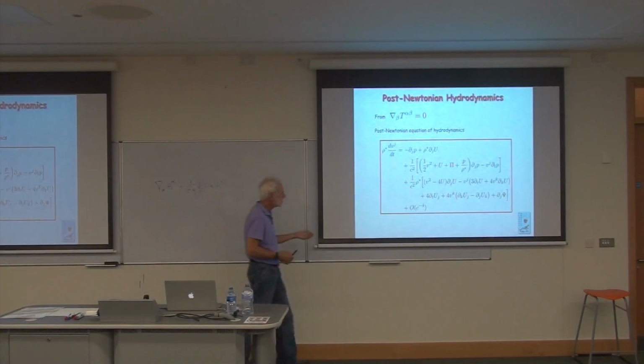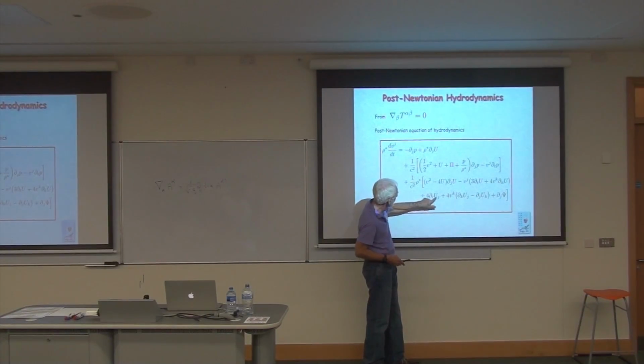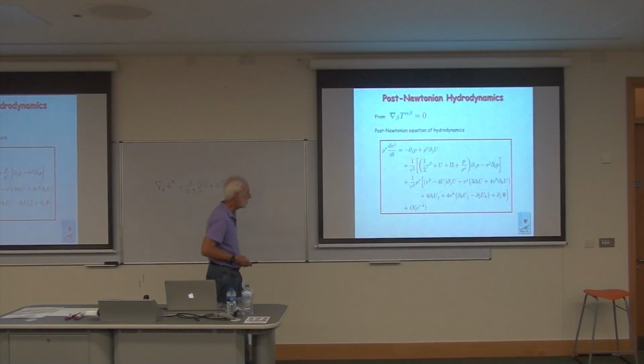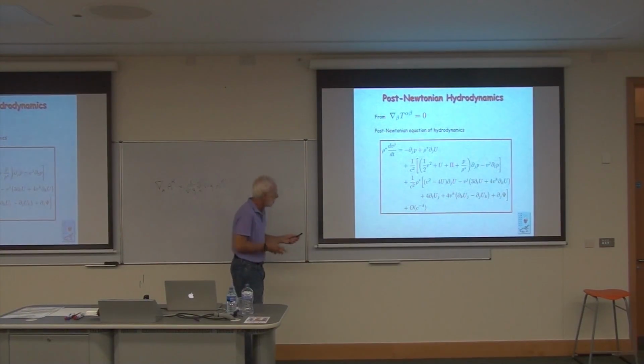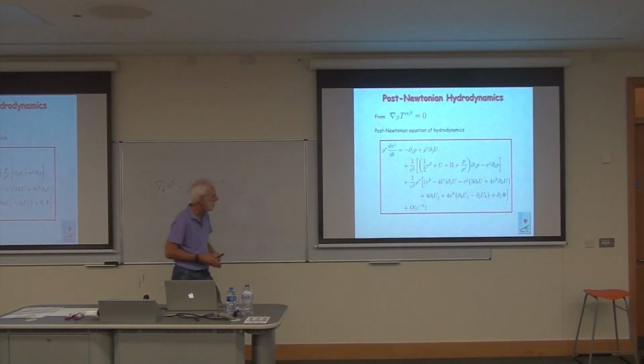And so all the rules of the road, like when you have to take a time derivative of a potential, tell you exactly how to take that time derivative because this thing satisfies the same kind of continuity equation as in Newtonian theory. So here is just the Euler, the Newtonian part of the equations of motion that we're familiar with, and here are the various post-Newtonian terms that are incorporated.